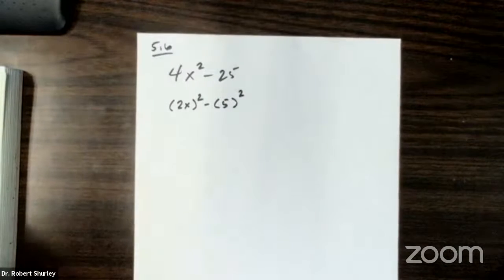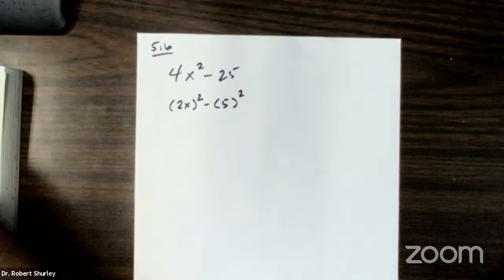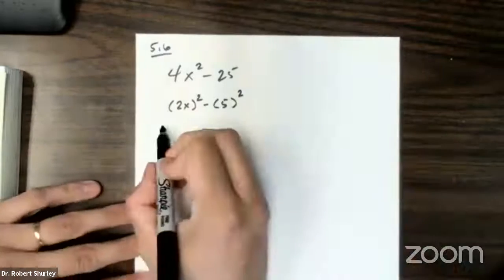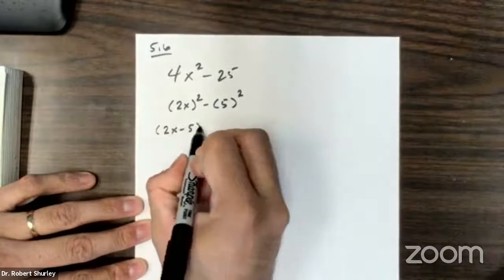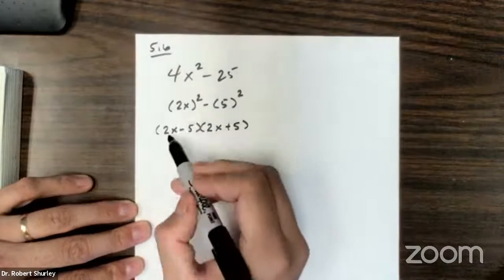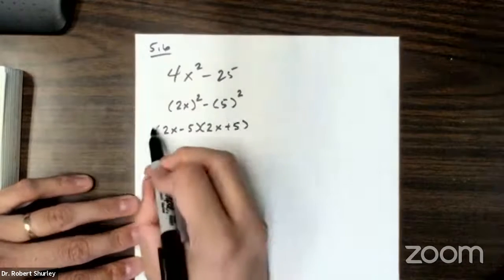And we're going to use this in the future. That's why I put that on there. So we get 2x minus 5, and then 2x plus 5. Remember, you take the first term, subtract, and add.